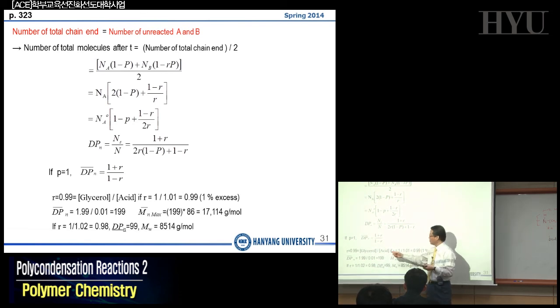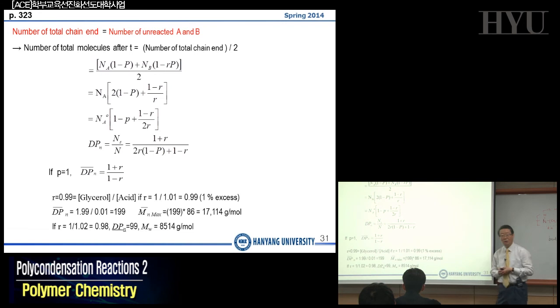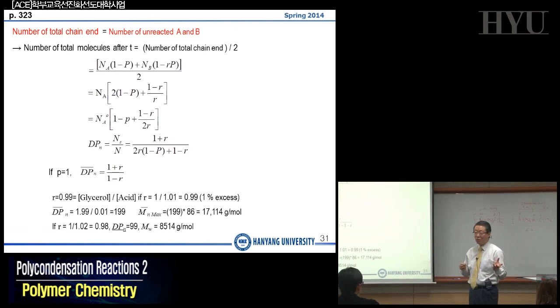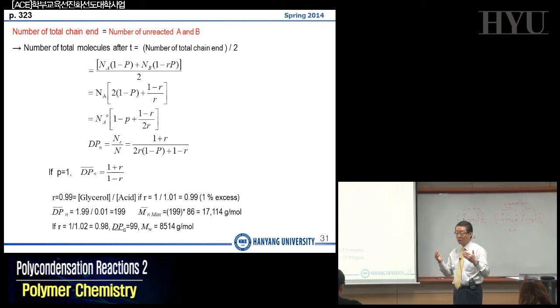If you put R equal to 0.99 here, DPn will become around 200. So with 1% excess of the second monomer or the first monomer, whatever, you come up with DPn equal to 200. It's like magic.